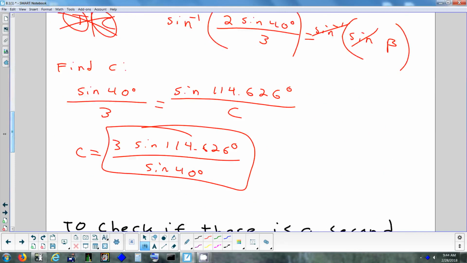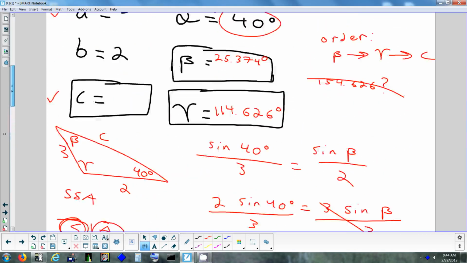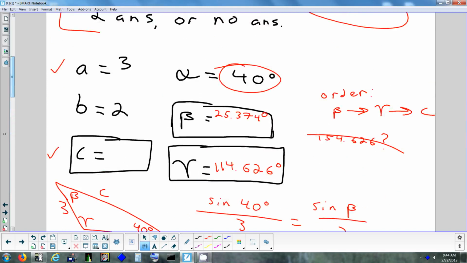Okay, before I type it in, I'm just going to take a quick look. It's the biggest angle, so I know it has to be bigger than 3, but I know that it can't be bigger than what number? It's bigger than 3, but definitely smaller than, yep, 5. It's got to be smaller than 5, because if you add this one to this one, they have to be bigger than the third side.